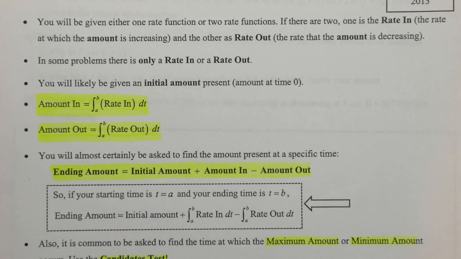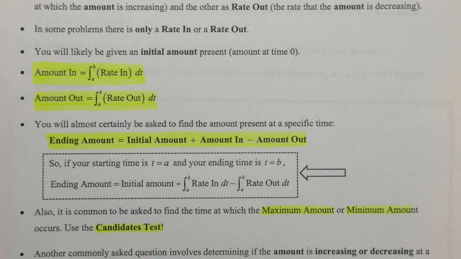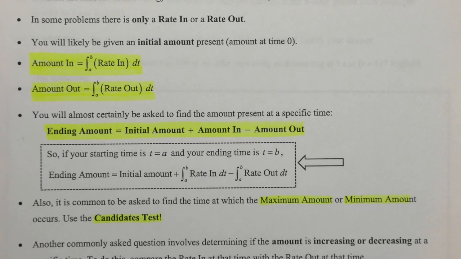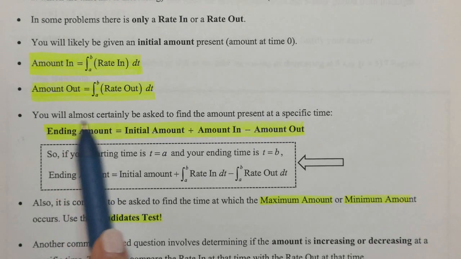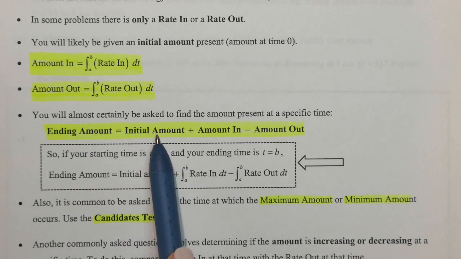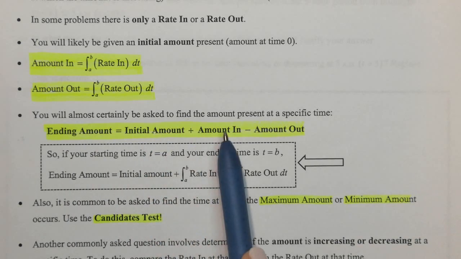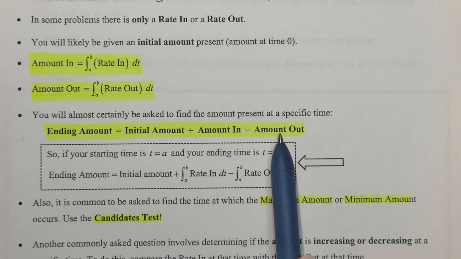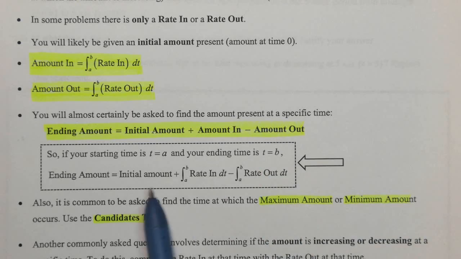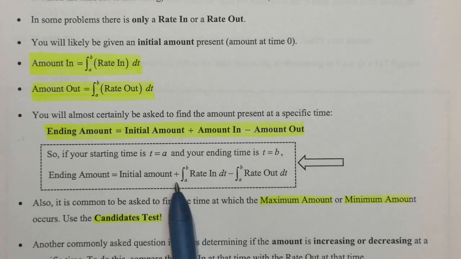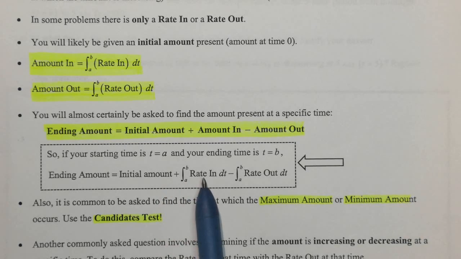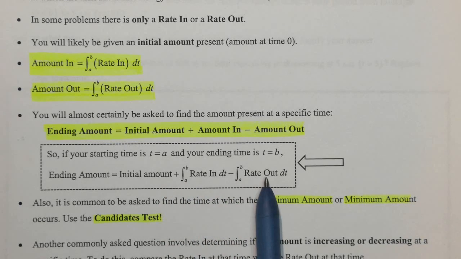Okay? So if you want to find the amount present at a specific time, your ending amount is what you started with plus your amount in minus your amount out. So the initial amount, that you have to be given, plus the integral of the rate in, minus the integral of the rate out.